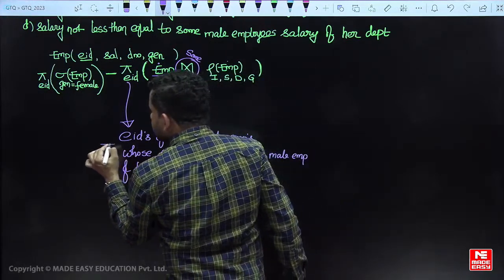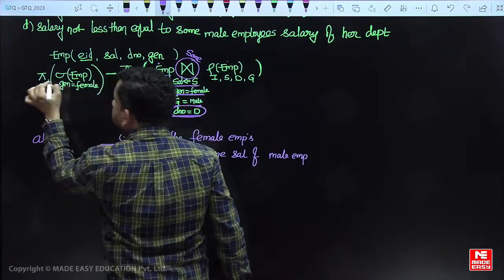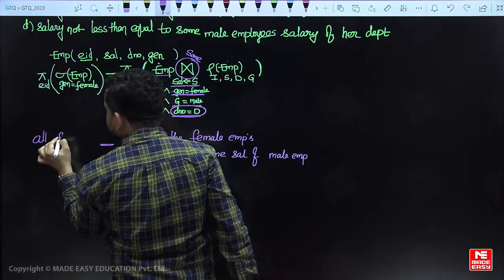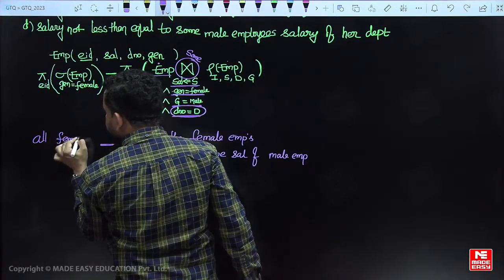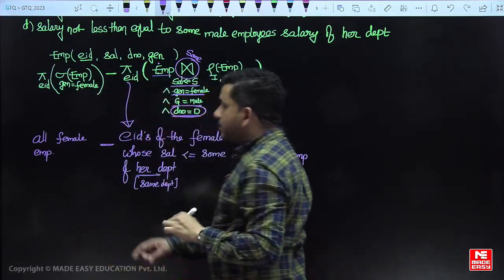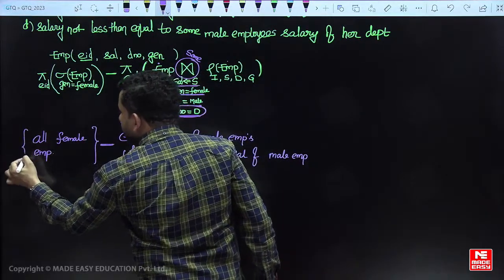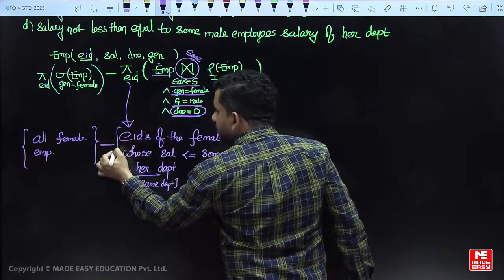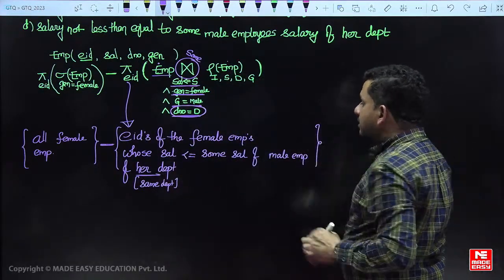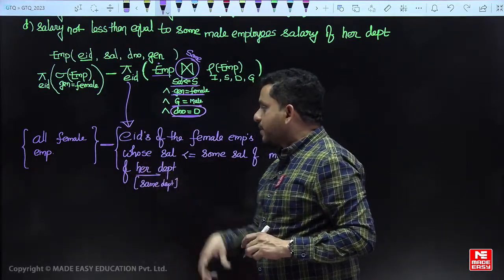These female employees are subtracted from the EIDs of all the females. So all female employees minus the female employees whose salary is less than or equal to some salary of a male employee of their own department.